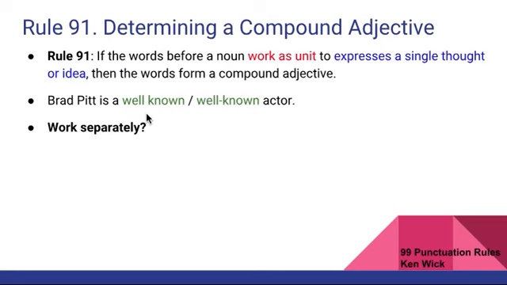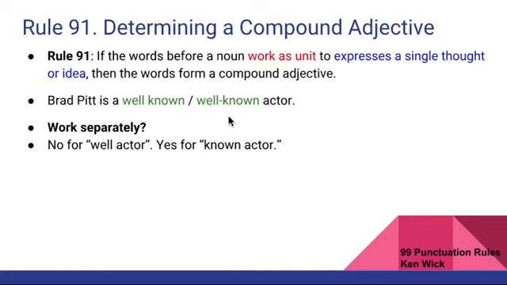Do they work separately? Because remember, they have to work as a unit. So the question is, do they modify the noun separately? You could have two adjectives before a noun, and then you go back to one of the previous rules and see if it's a coordinating adjective or a cumulative adjective. But do they work separately? So I'm going to break these apart and see if they each modify actor. Can you say well actor? No, doesn't work separately.